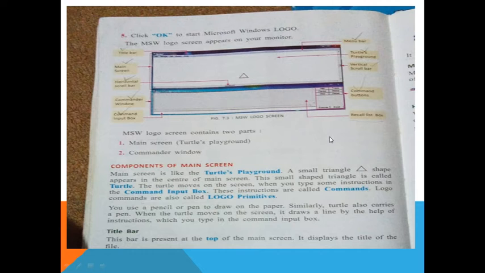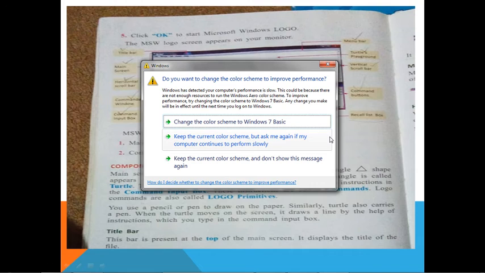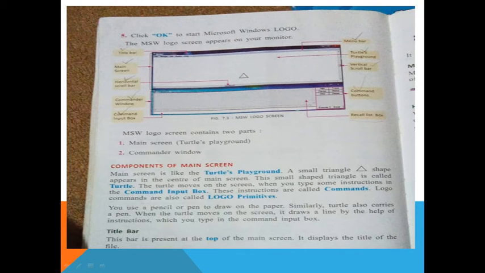The turtle moves on the screen when you type some instructions in the command input box. These instructions are called commands. We are ordering. Commands means we are ordering, not by voice, we are commanding by typing. If you want an apple, you will draw the apple picture, it will come like that.